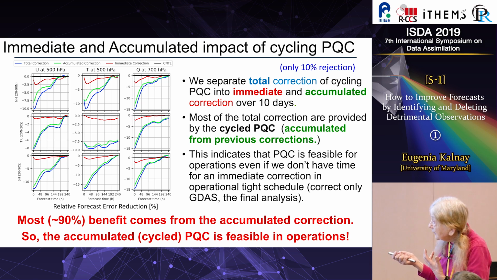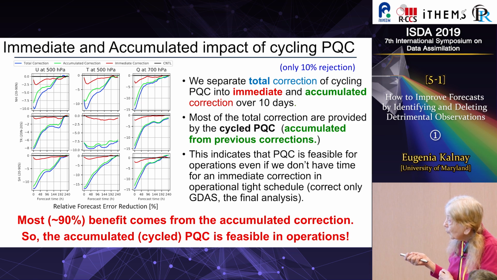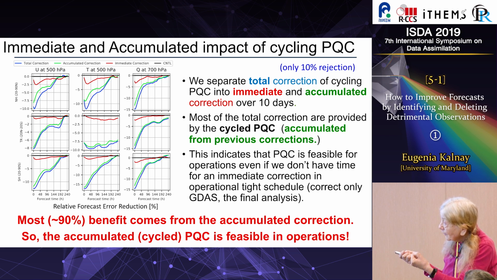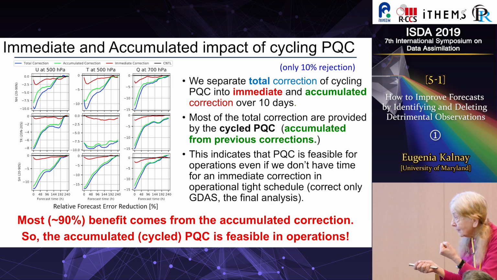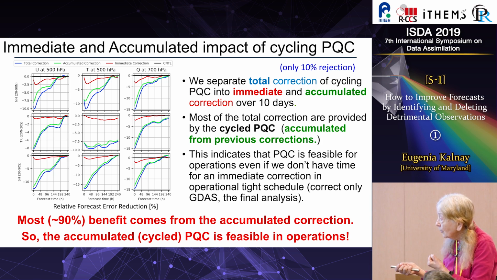And you can see that almost everywhere most of the correction is not the current correction that corrects the current observations, but the accumulated corrections from past observations, and basically like 90% of the benefit comes from the accumulated correction.